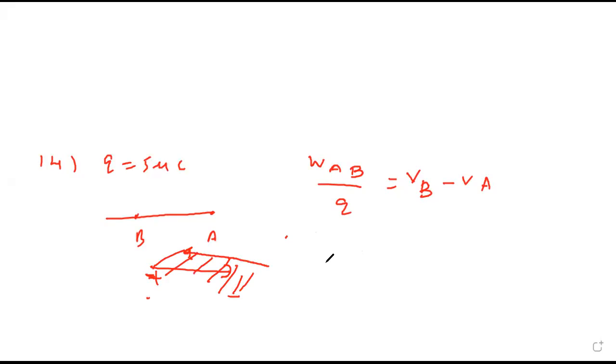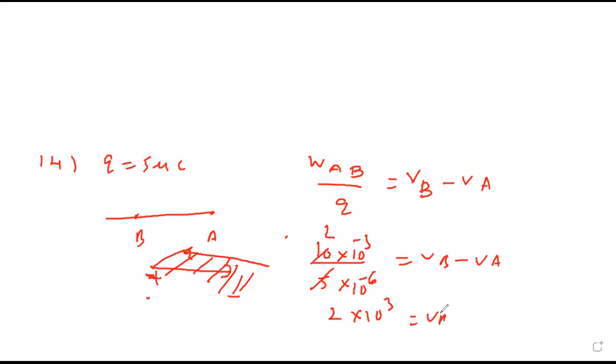Now the charge is 5 microcoulomb, 5 into 10 raised to minus 6, moved from A to B. 10 millijoule is 10 raised to minus 3 joule, which is equal to charge times VB minus VA. Dividing by 5 gives 2 into 10 raised to 3 as VB minus VA. Therefore 2 kilovolt is VB minus VA. Option A.